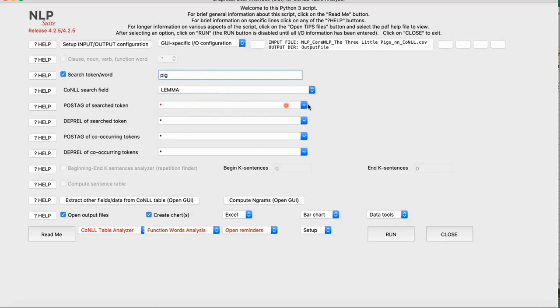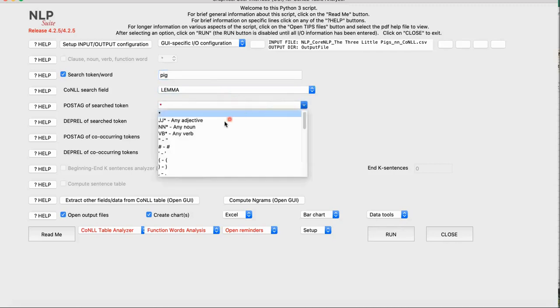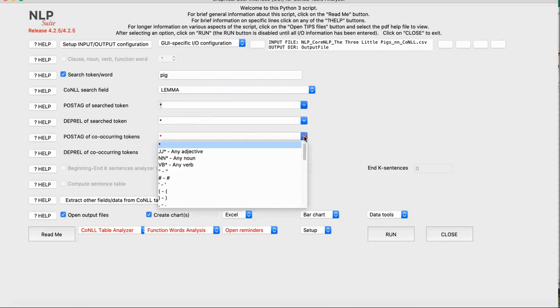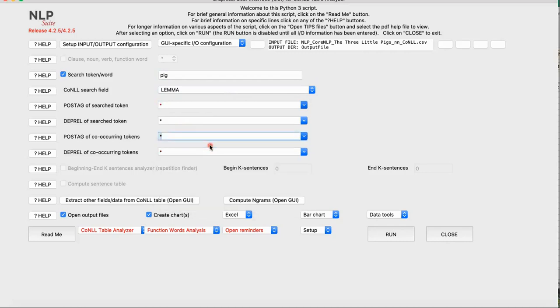And then we can also determine whether we want to search for this word as an adjective, noun, verb, or all the potential possibilities, and likewise for dependency roles. We can also specify if we want to see the co-occurrences of the word with adjectives, nouns, verbs, etc., or we can choose all. And likewise for dependency roles, we can select whether we want the word that we search for to co-occur with a specific dependency role to see how frequently those co-occur with it.